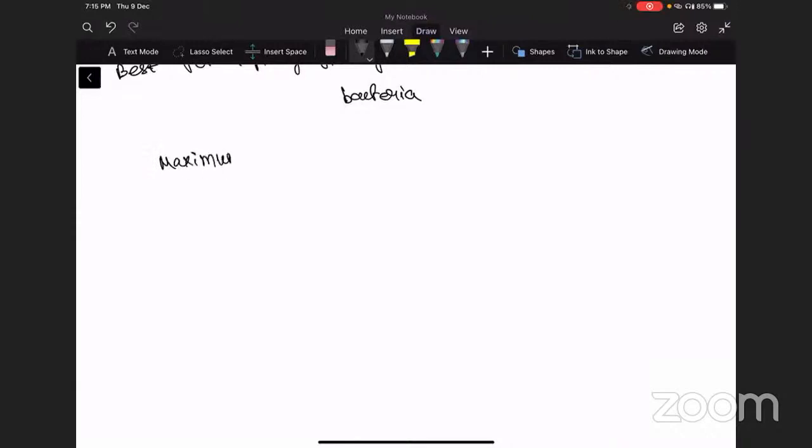Maximum CSF penetration is seen with isoniazid.